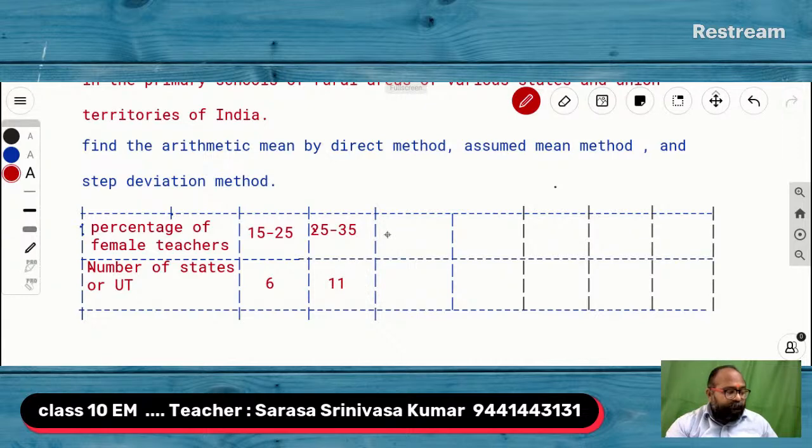Next, 35 to 45 interval. In this we have 7 states or union territories. Next class interval is 45 to 55. Number of states or union territories is 4.